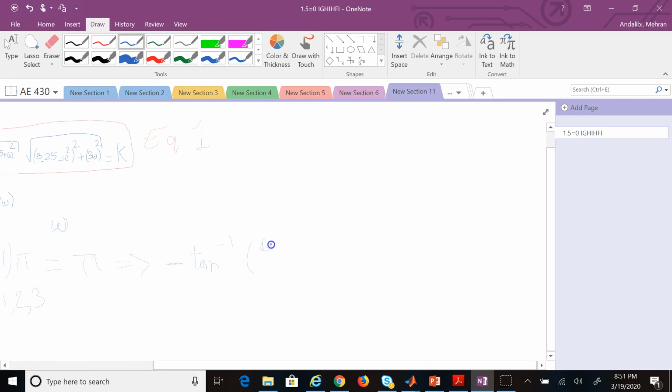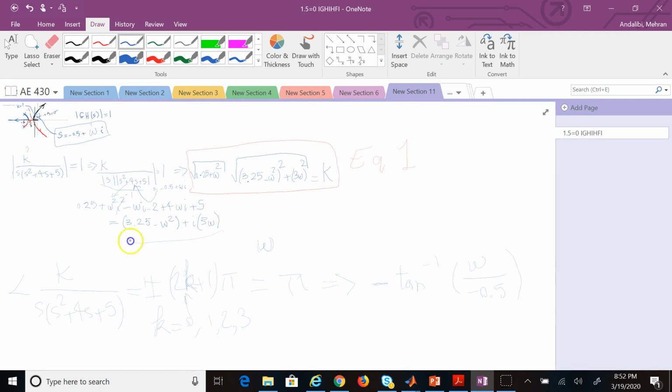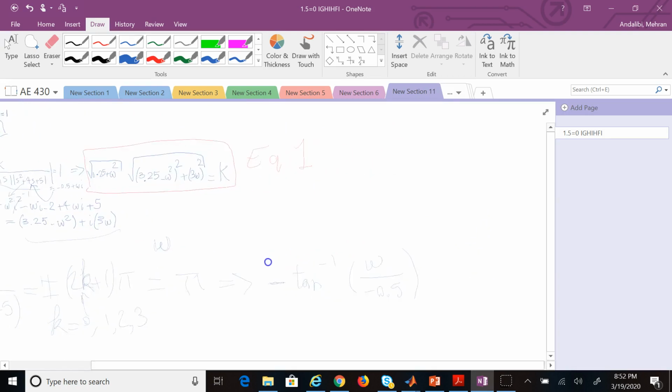Tangent inverse of omega over negative 0.5. That is the angle of the s term. And then the angle of the quadratic term is this one. So the angle of that again is tangent inverse of imaginary over real.